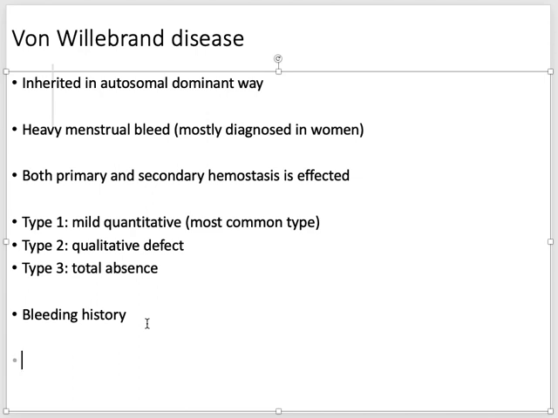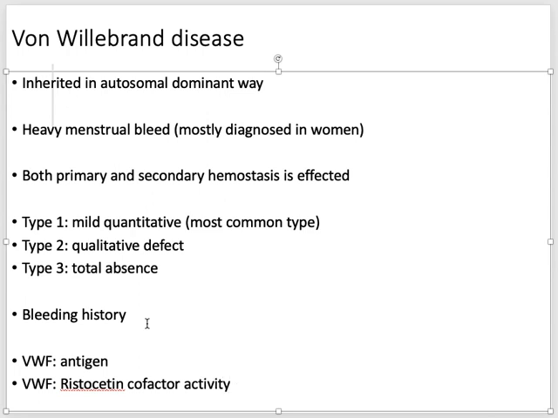I'm just writing the targeted investigations, not all the investigations. You can check the von Willebrand antigen, just to check how much von Willebrand factor is present. Then we can check the ristocetin cofactor activity.